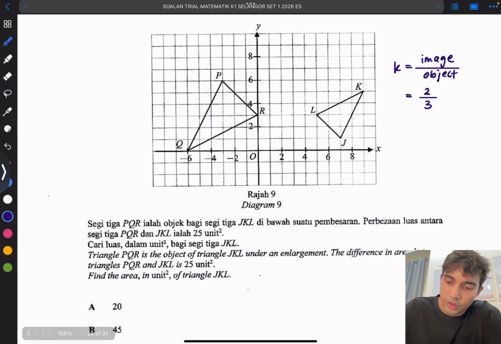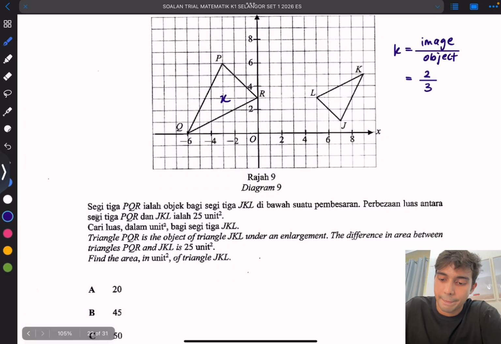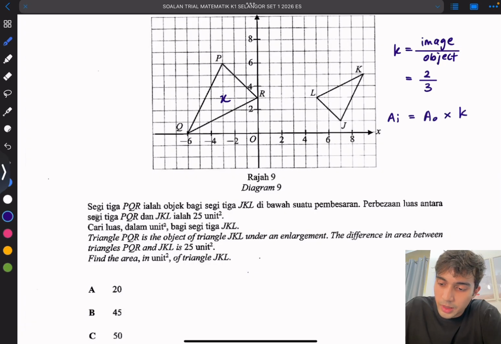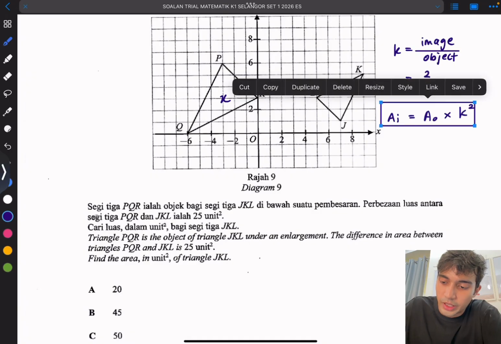For area, let's call the object's area x. The area of the image will be the area of the object times k squared. This is the formula for area.